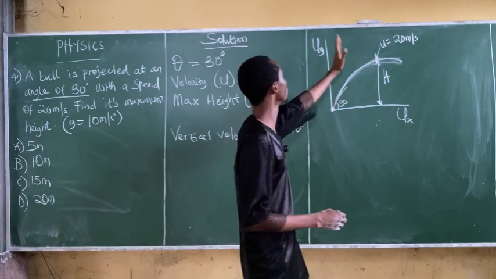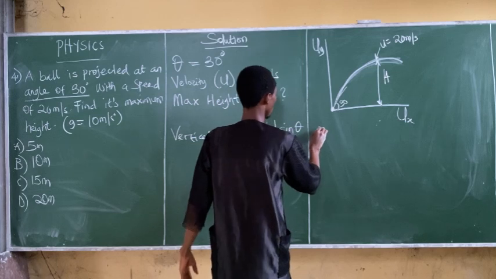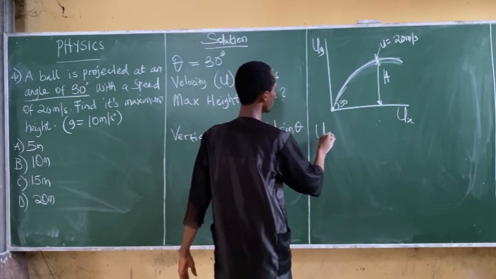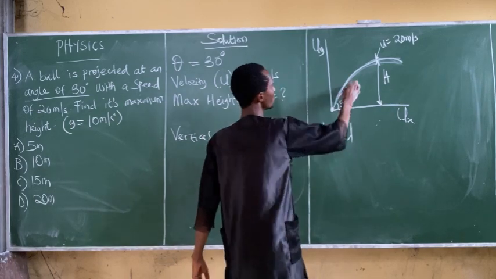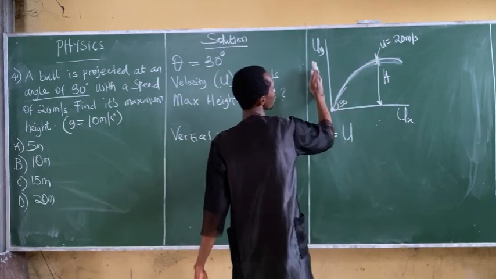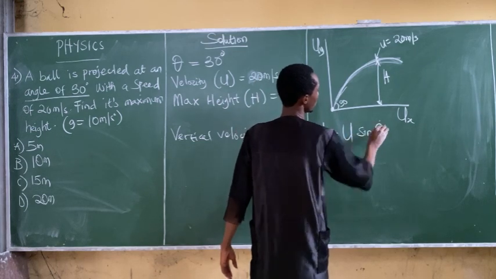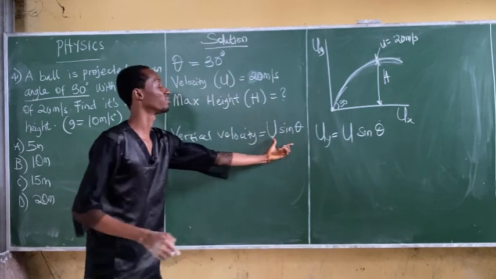If we resolve it to the vertical velocity, we have that the vertical velocity uy is equal to u sine theta.